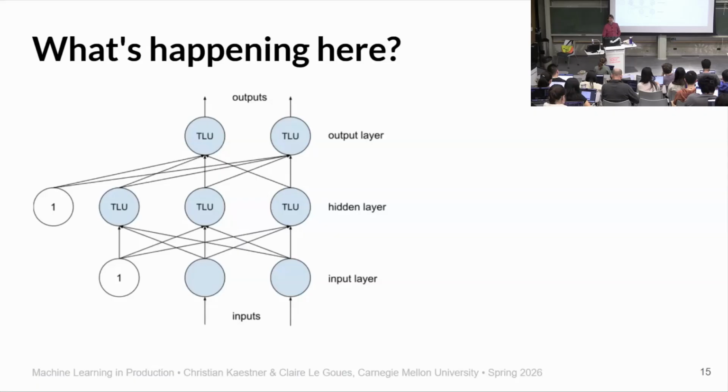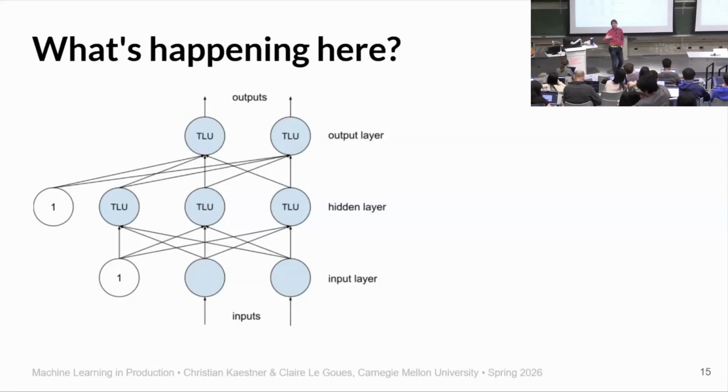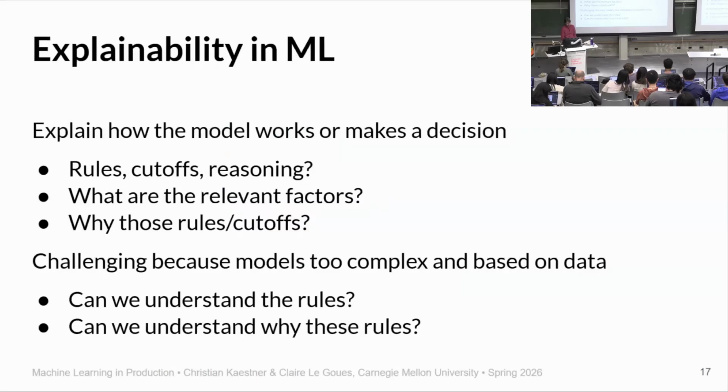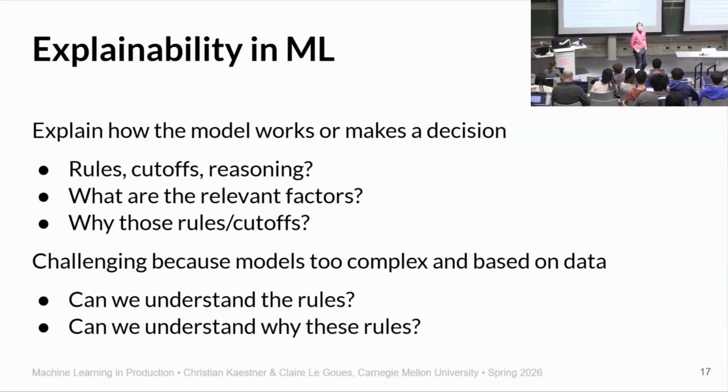This is kind of what explainability does. It wants to tell you, or we want to explain for a specific input, why do we make a specific prediction? Or how does this model in general work? Right? Does it ever use a feature? Which features does it use most? So this is hard.